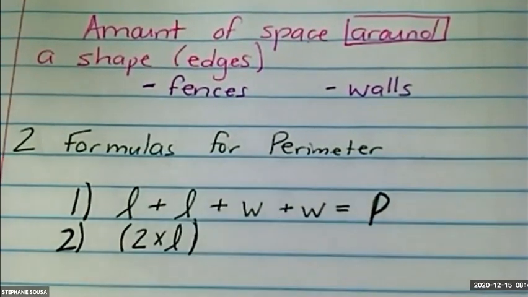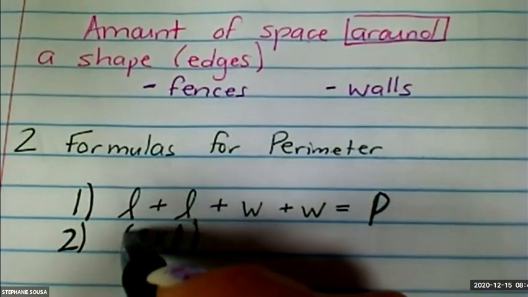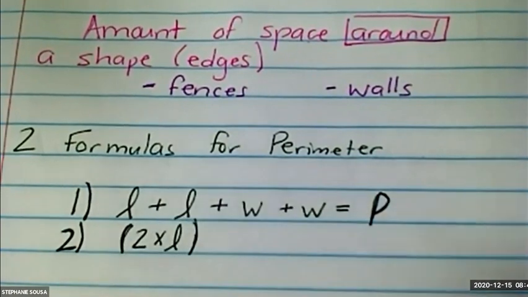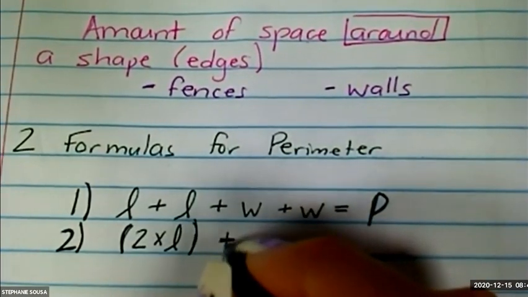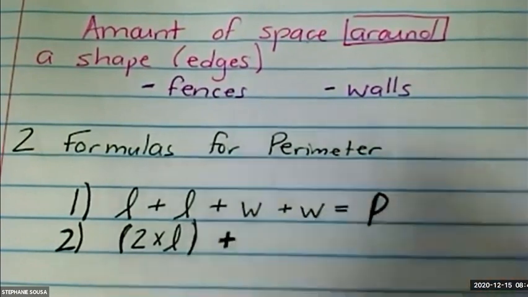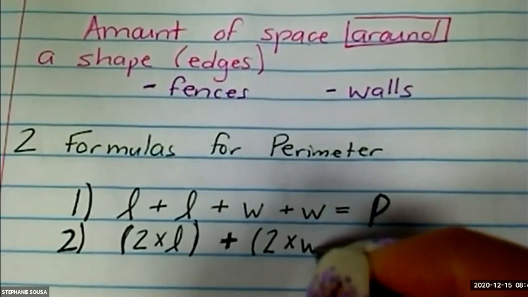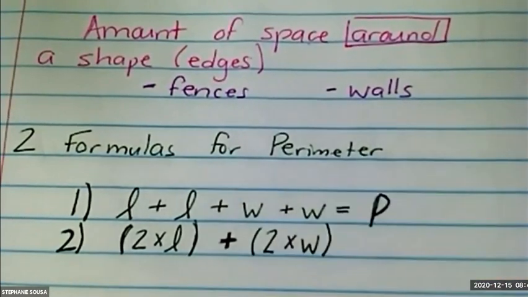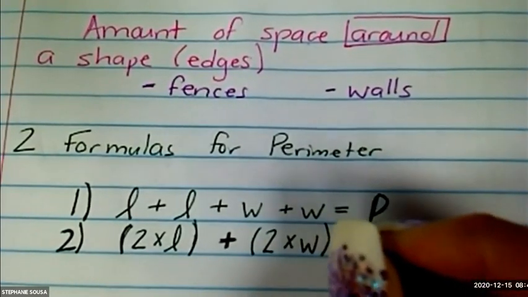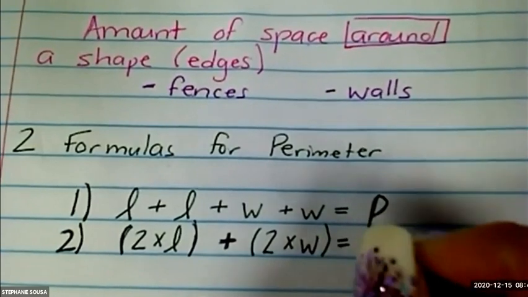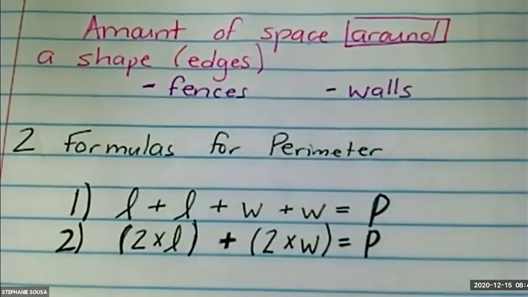So if the length is 9 units, it would be 2 times 9. And then we would add that to the 2 widths. We see that we have width 2 times, so it would be 2 times the width. And that also equals the perimeter.